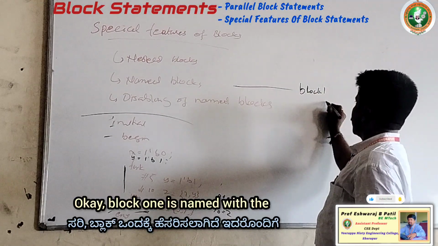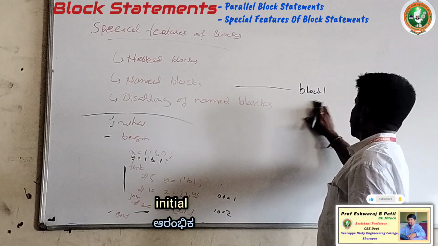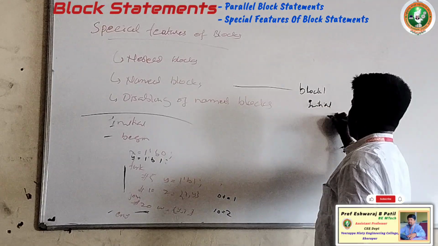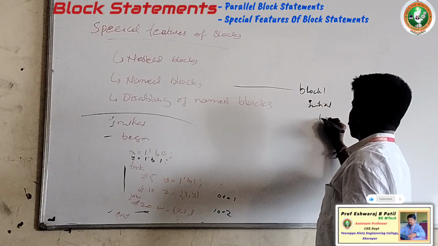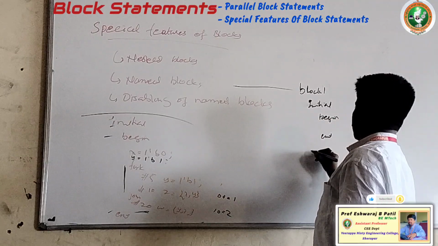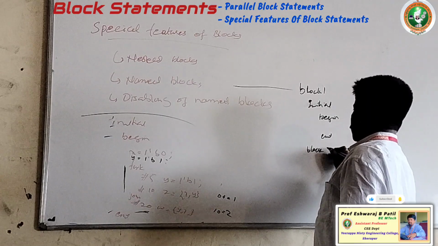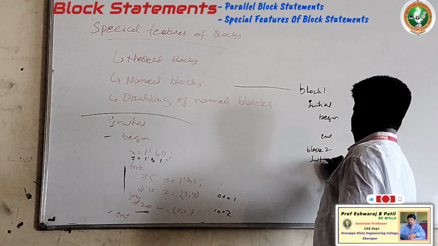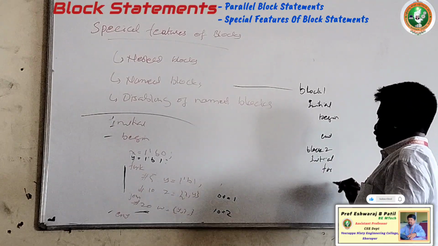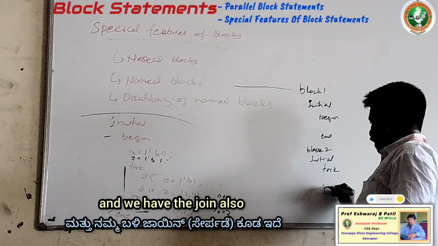Block 1 is named as the one that has initial, begin and end. And also block 2, initial. I'll be using the parallel block statements here, fork and join also.